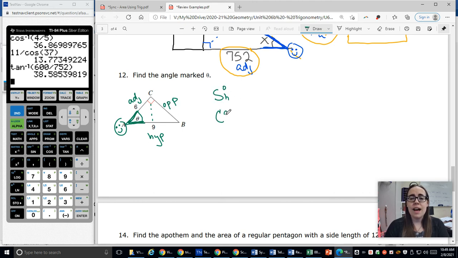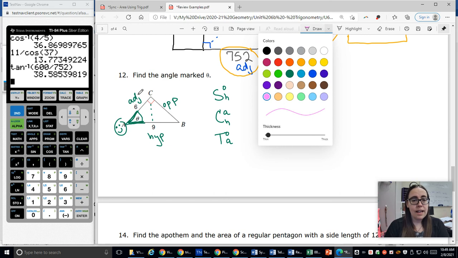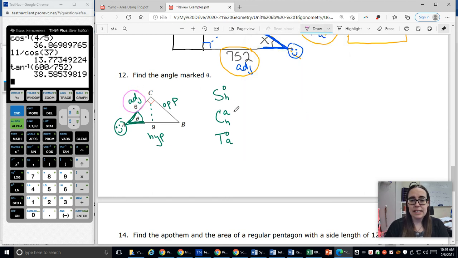So, SOH CAH TOA. All right, my adjacent side is 6. My hypotenuse is 9. So I can see I'm using cosine. We normally do cosine of the angle, but I'm trying to find the angle, so I'm going to do the inverse. Adjacent over hypotenuse.